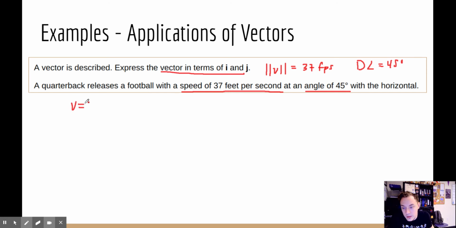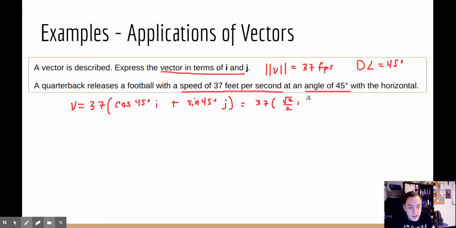So v equals, using my formula, 37 cosine of 45 degrees i plus sine of 45 degrees j, okay? What this equals is 37, and cosine of 45 degrees is just radical 2 all over 2. This is i, and same thing for sine.